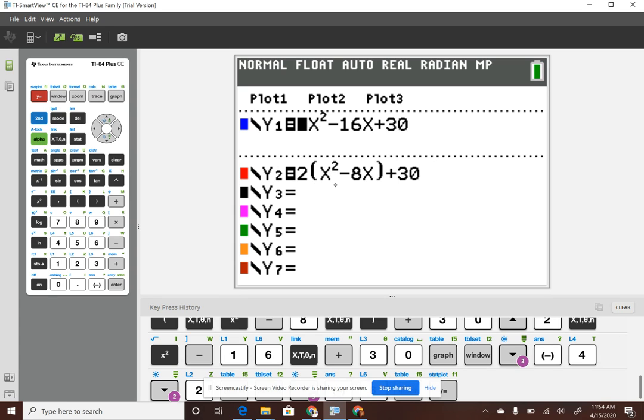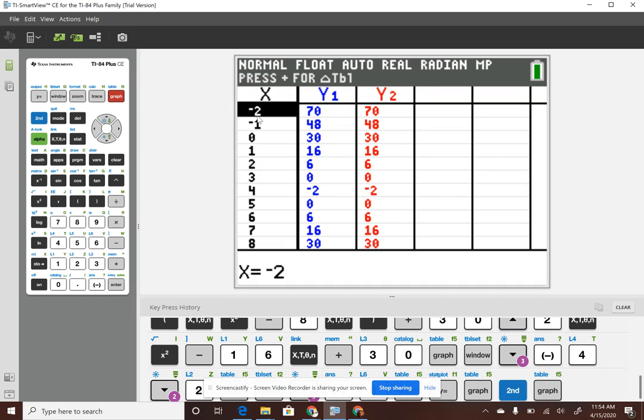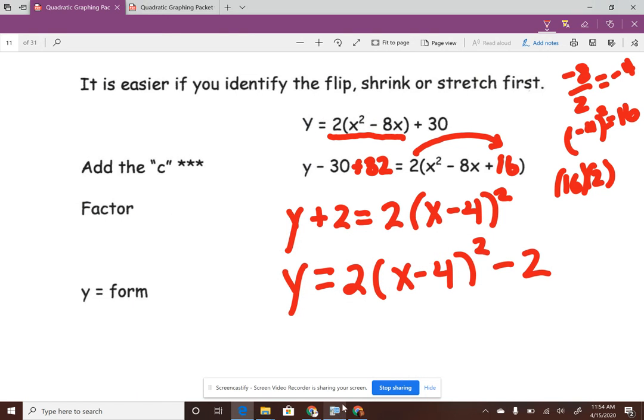And just to show you that these are equivalent: same picture, same graph, same equation. Same input, same output, same equation. And here you can also see the vertex is 4, -2, which I can double check. 4, -2. Yep, it's 4, -2, so I definitely did that right.